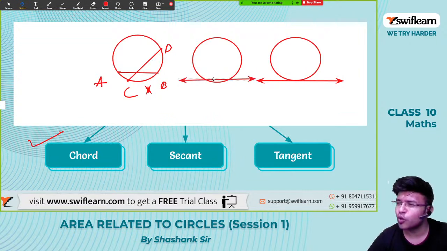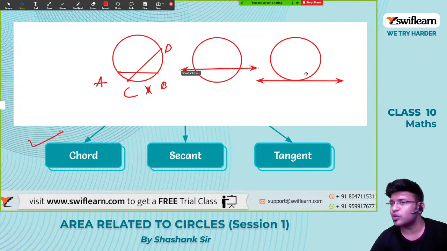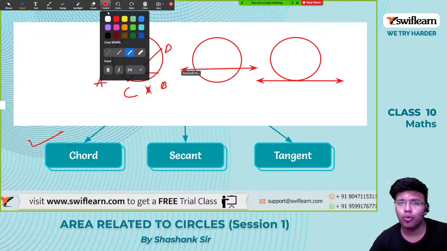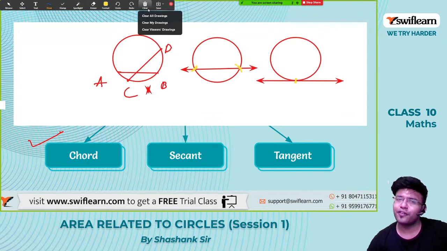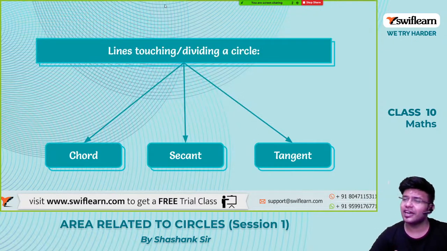Now there will be a time such that it will touch only one point, okay. वो line को बोलते हैं tangent. Now tangent will touch only one point. देखो यहाँ पे एक ही point. Secant will touch 2 times, okay. So this is the difference between chord, secant and tangent.